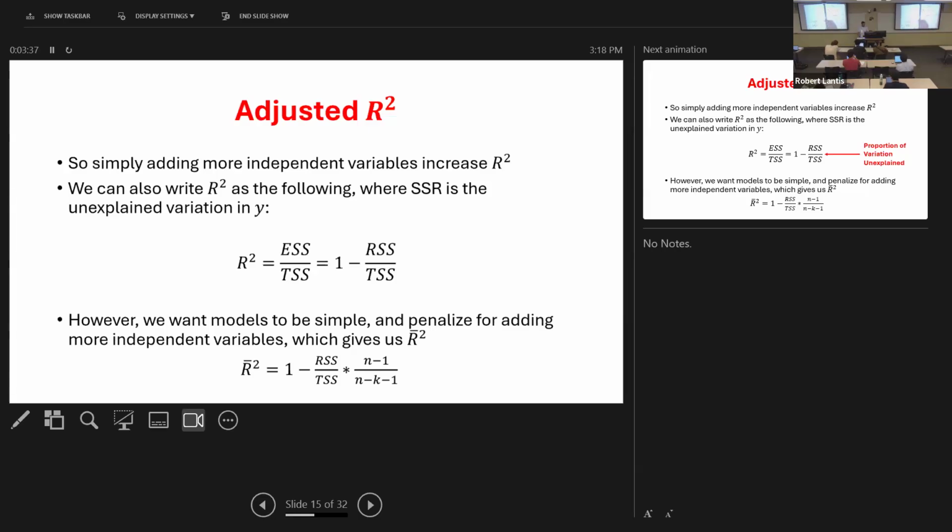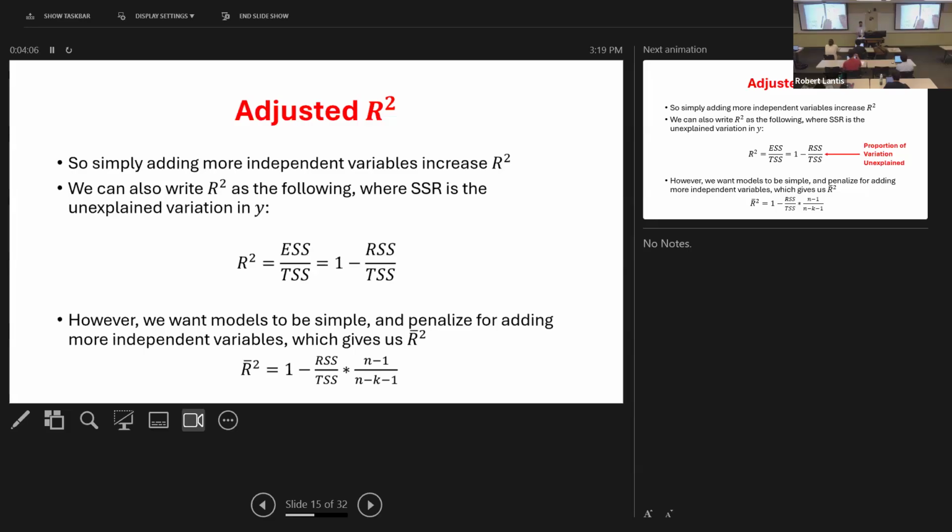Okay. If I instead had a sample size of 100, even if I found the same proportion that I can't explain, what would the numerator and denominator be? 100 minus 1 is 99, and this would be 98. You could put this into a calculator, but what is this going to get closer and closer to? 1, right?